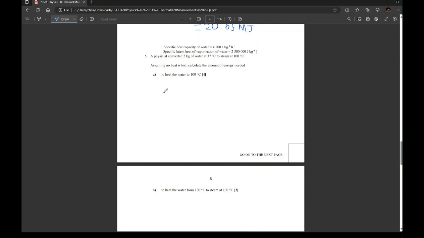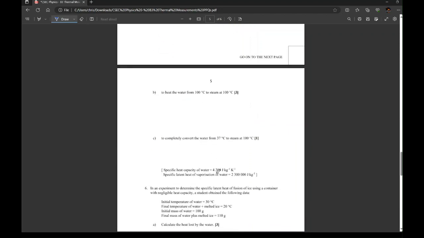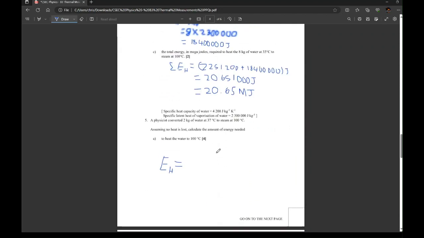So to heat the water to 100 degrees Celsius, let's just write a big EH, we're just going to write the answer here. Again, we're going to go 2 kilograms. We're going to be using MC delta T, of course, because the water has not changed state yet. So it's 2 kilograms of water times 4,200, which is our specific heat capacity, given down here.